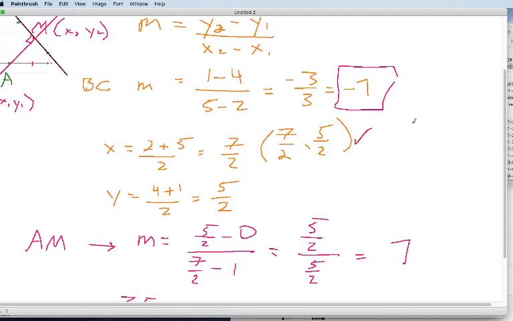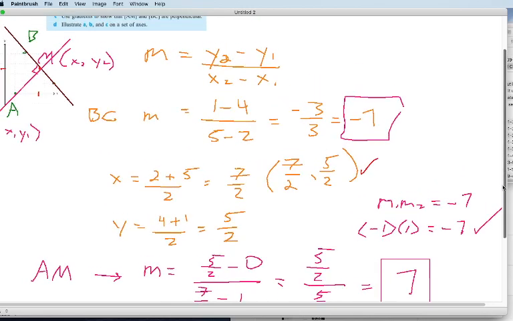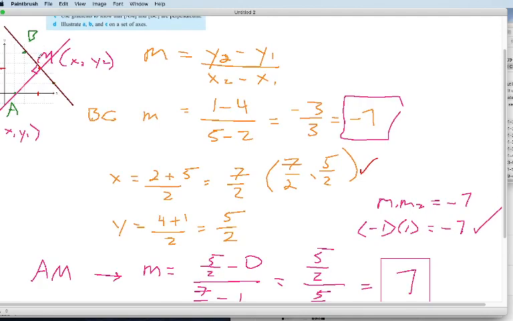So now we can prove that negative 1 times 1 gives us our proof that m1 times m2 is equal to -1. So -1 times 1, perpendicular gradients gives us -1. So ta-da, we proved that here AM and BC are perpendicular with each other, okay?